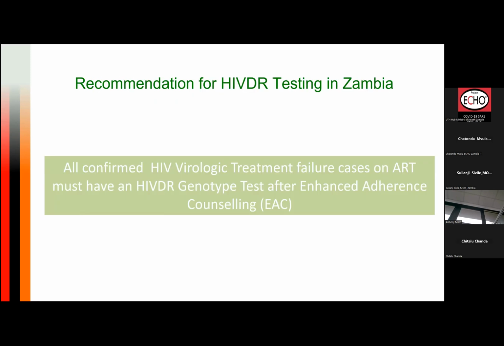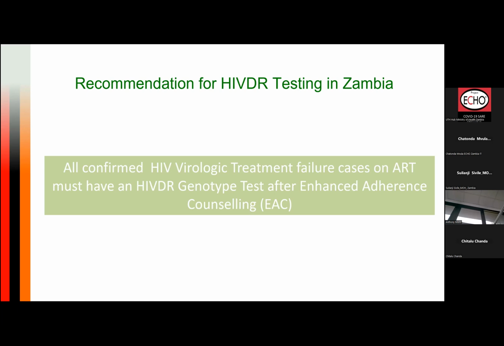So what do we do in terms of those who have treatment failure, in terms of routine HIV drug resistance testing? That was the survey that we presented. Now to the second, where we are measuring HIV drug resistance.